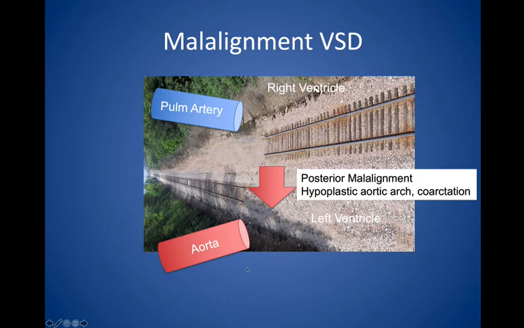And so commonly, if you ever hear something about a posterior malaligned VSD, the first thing in your mind you should be thinking about is coarctation or hypoplastic aortic arch. Or vice versa, if you hear about hypoplastic aortic arch or coarctation, you should be ruling out a posterior malaligned VSD.